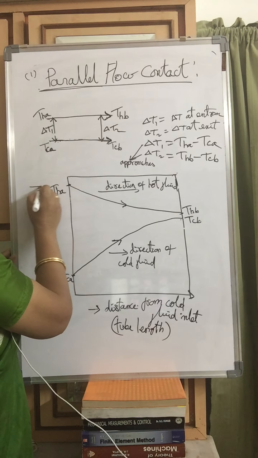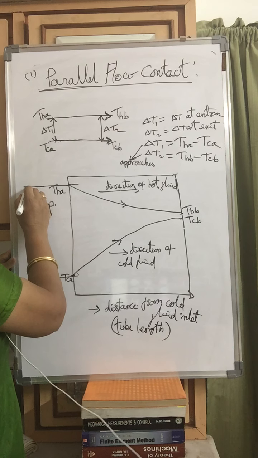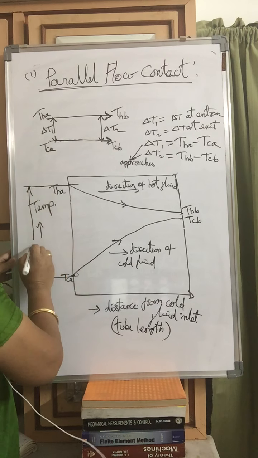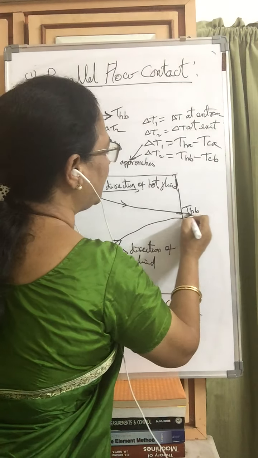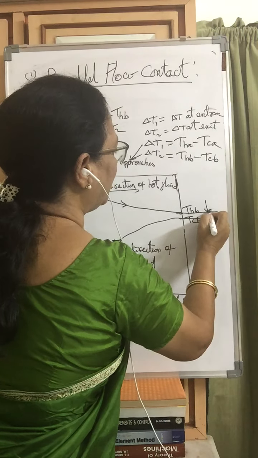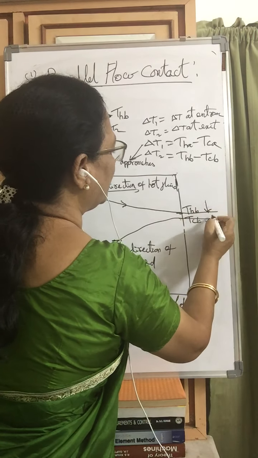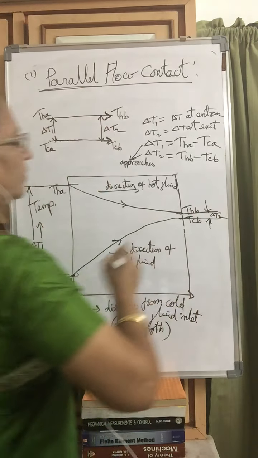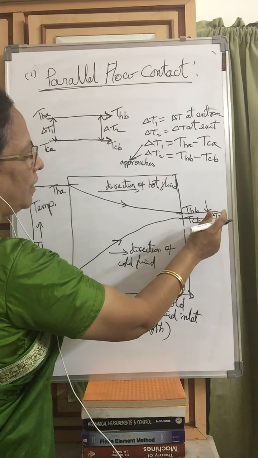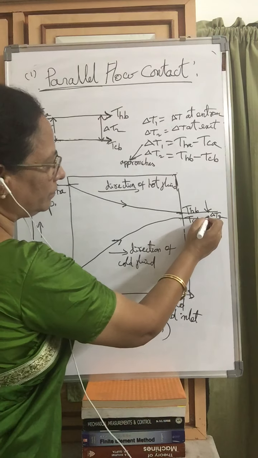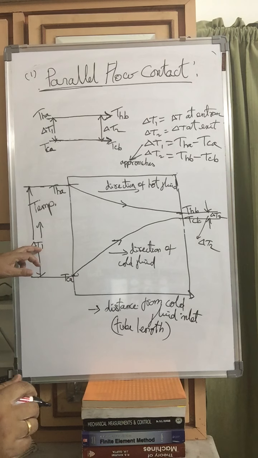Now here, what is delta T1? This is delta T1 and this is delta T2. And what is delta T1?